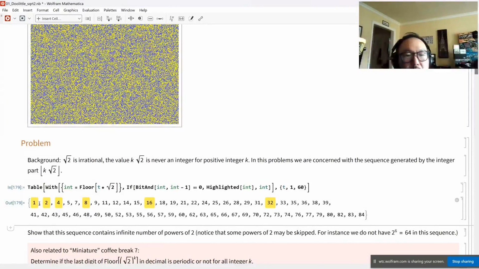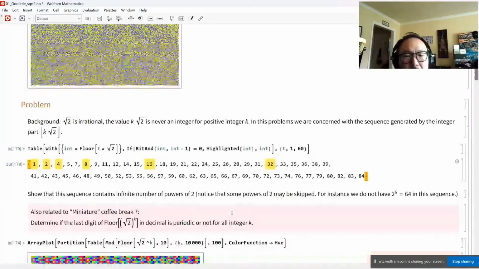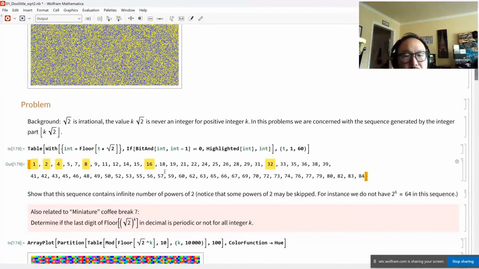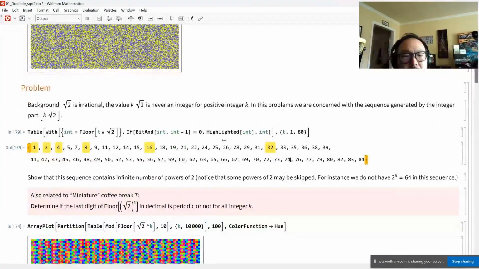For example, all the highlighted numbers are 2 to the power of something, where something is an integer: 2 to the power of 0, 2 to the power of 1, 2 to the power of 2, 2 to the power of 3, 2 to the power of 4, and 2 to the power of 5. These are the interesting parts we are looking at.